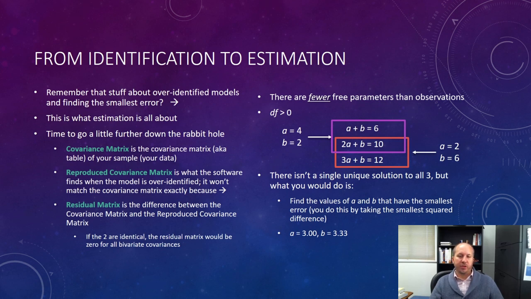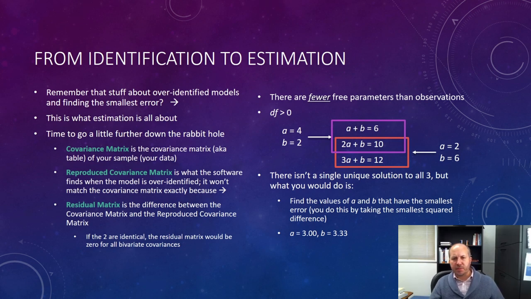So rather what we could do is find a value for A and for B that has the smallest error. So the smallest difference between the possible answers. Essentially, M+ is doing the same thing with estimation. It's finding the possible parameter estimates that could be an answer for all of the series of structural equations that you have proposed in your model, and then finding the smallest difference between them.